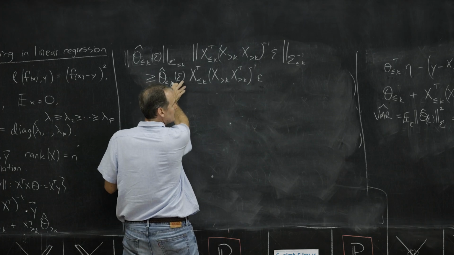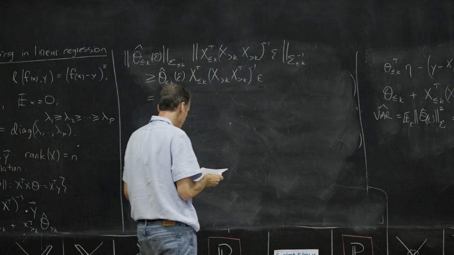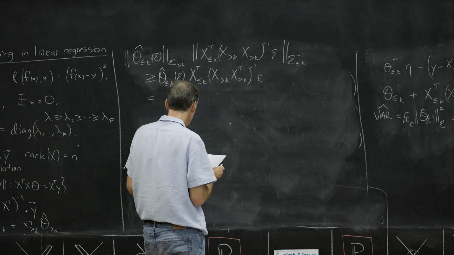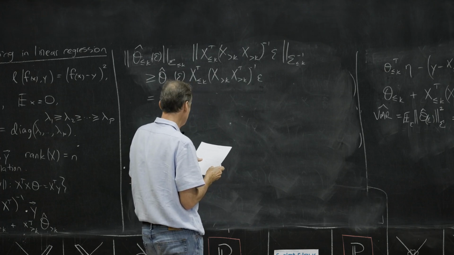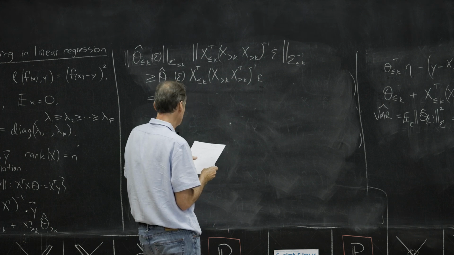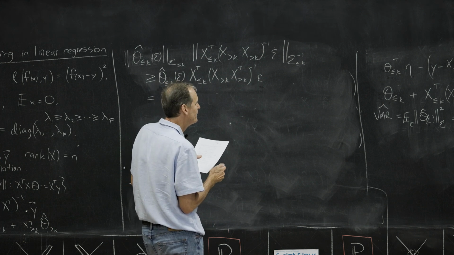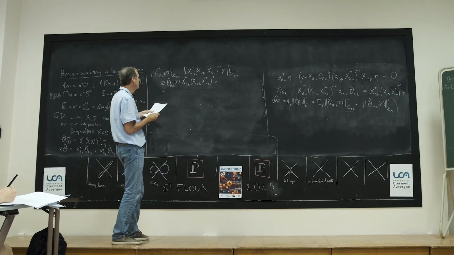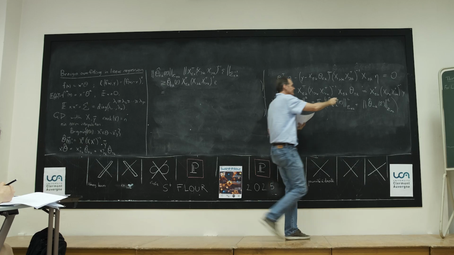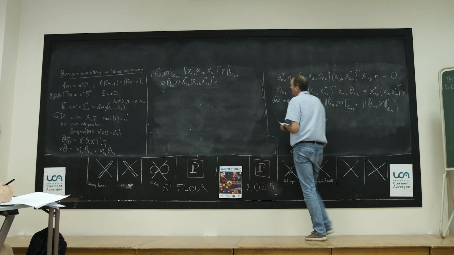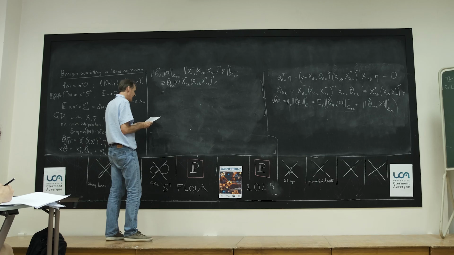Here, that thing, what can we write? The inner product between that and x, and so we're putting epsilon in for y. That's this thing on the right here, and considering how it lines up with theta hat, the corresponding theta hat k.